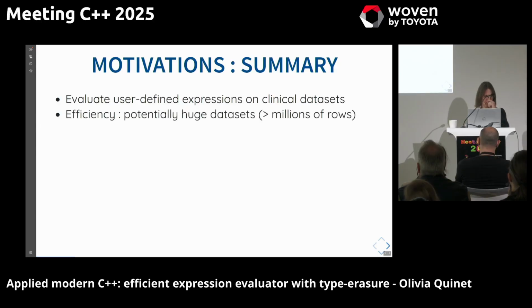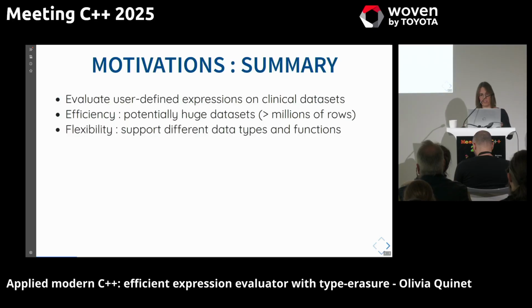And also, this evaluation needs to be quite efficient, because those datasets can be quite huge, sometimes bigger than millions of rows, and it's normal to have sometimes hundreds of those datasets. So you don't want this to be slow, because of course we have a lot of customers, and we don't want them to fight for CPU time. We want them to have a product that is reactive.